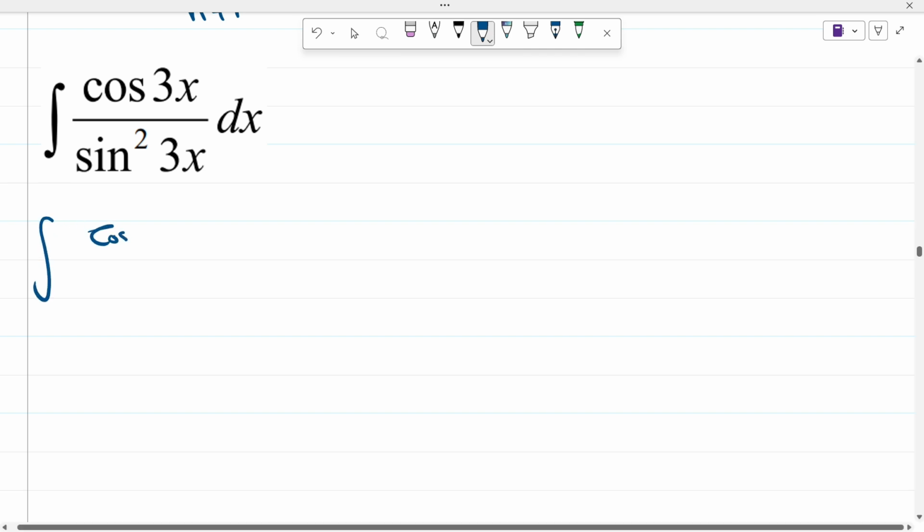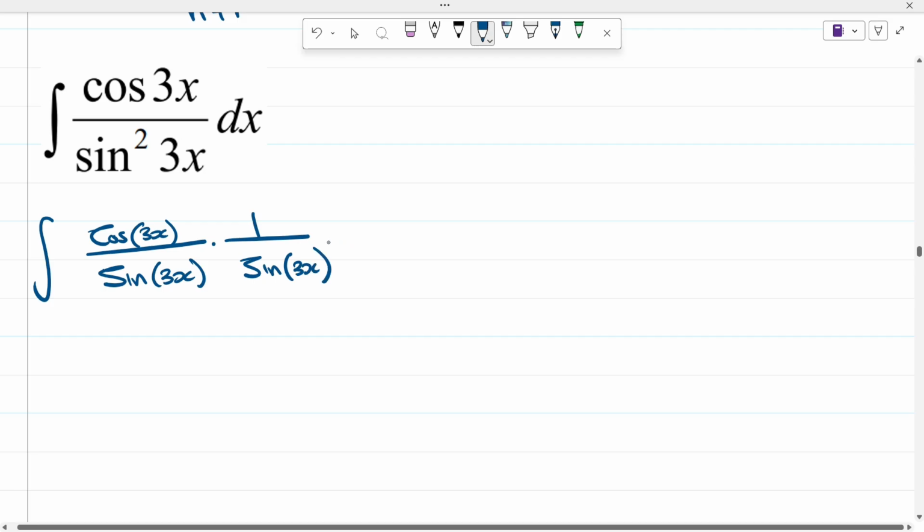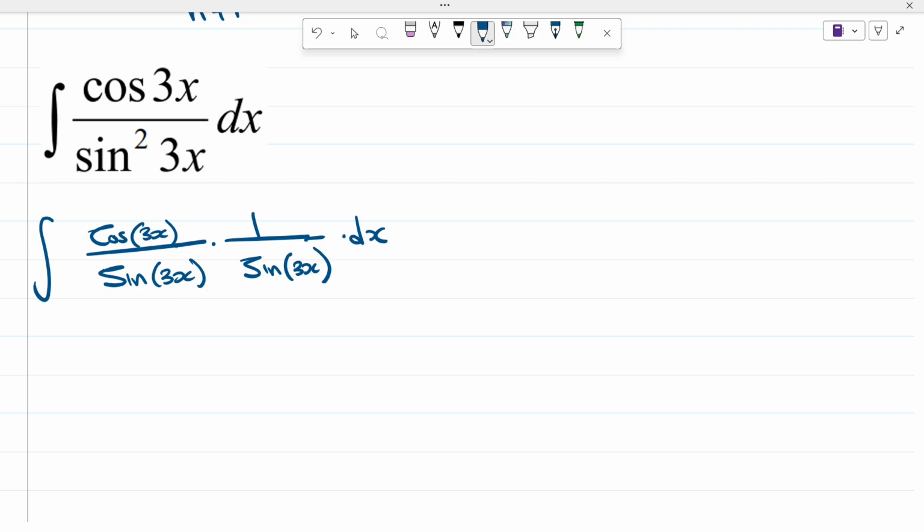This is going to be cos of 3x divided by sine of 3x multiplied by 1 over sine 3x dx, just like that. And then from here, we can simplify this again. So cos divided by sine, what is it? It's our cot, right?